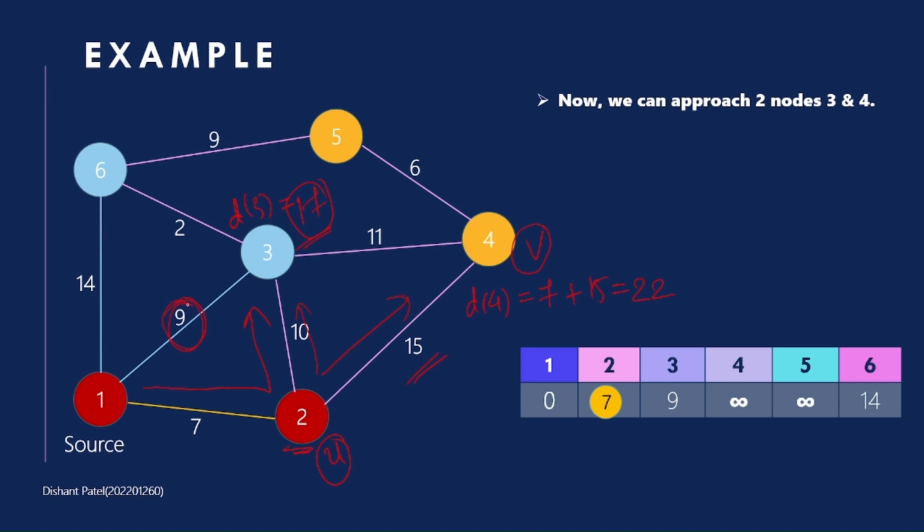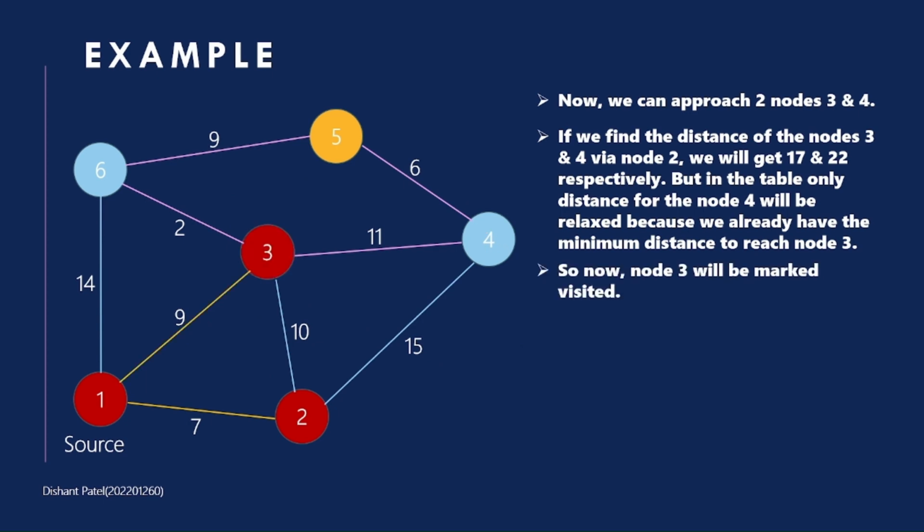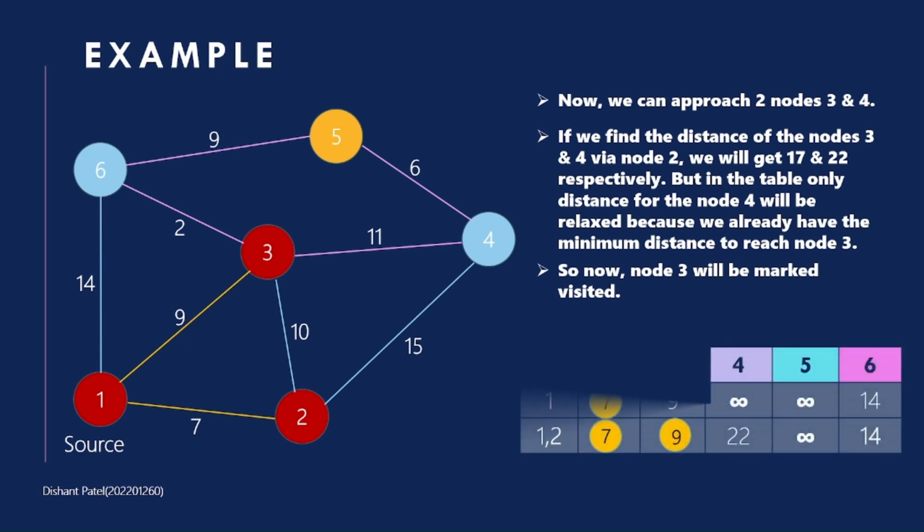We will keep the distance at 9 only, and we will relax the fourth node distance that was initially infinite and now 22.